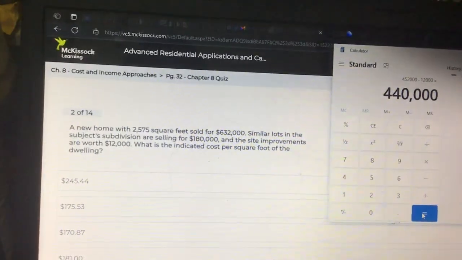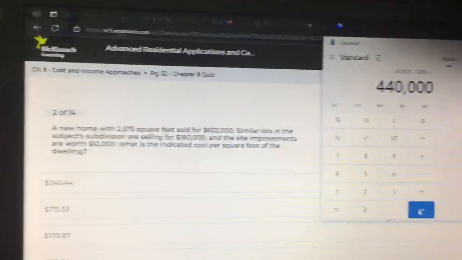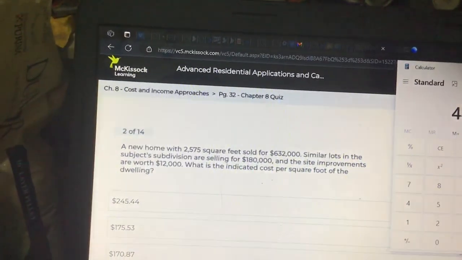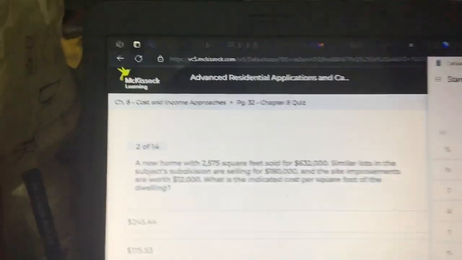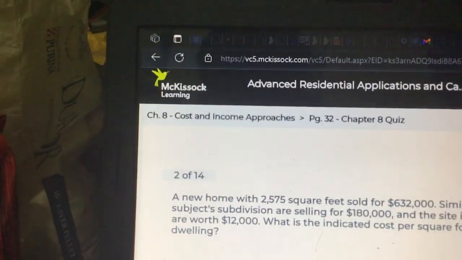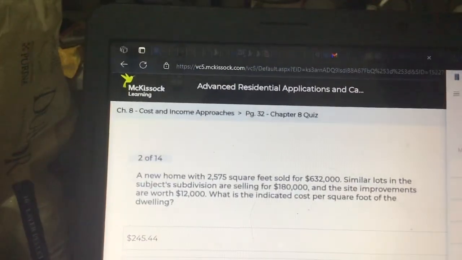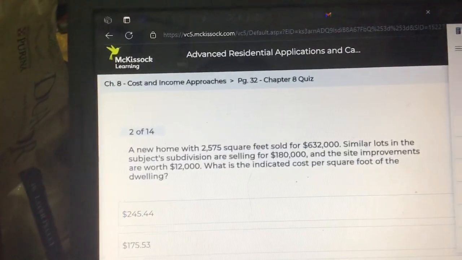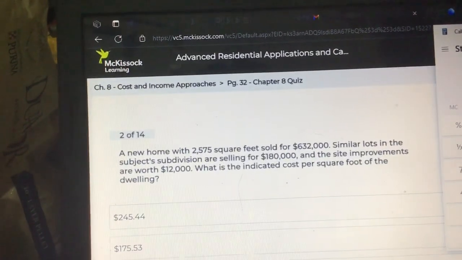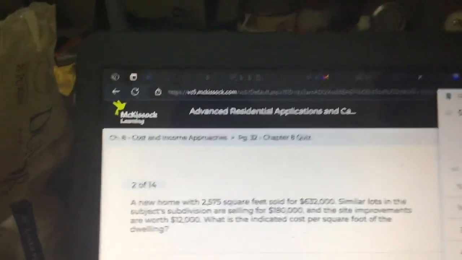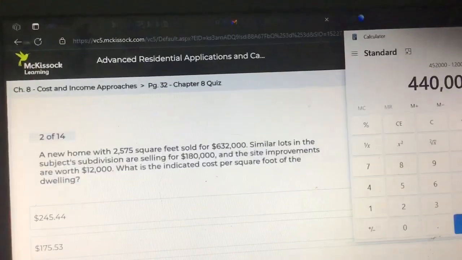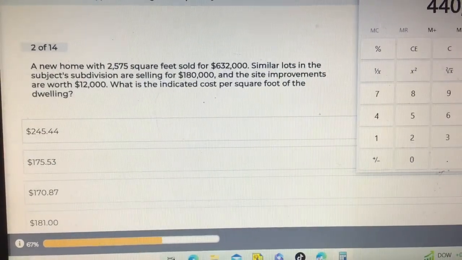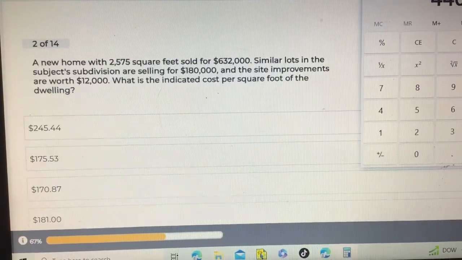And 440,000. Let me write that down real quick. $440,000, and then you're going to find the indicated cost per square foot of the dwelling.